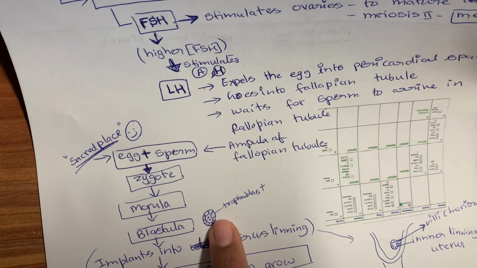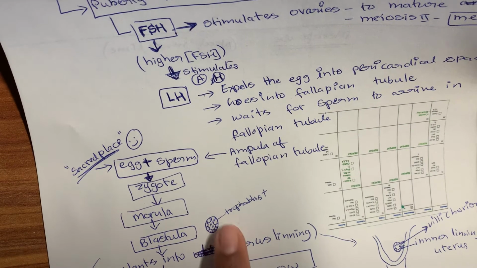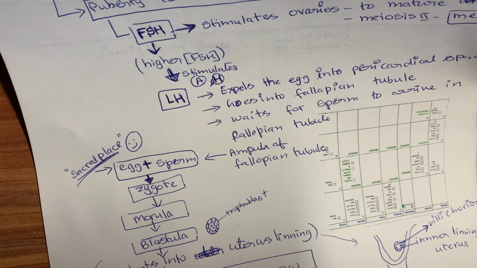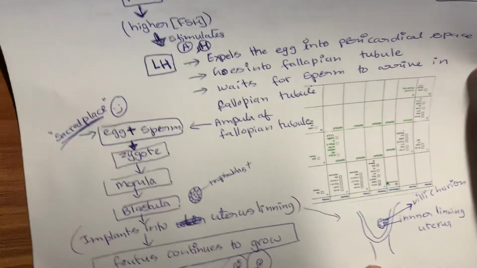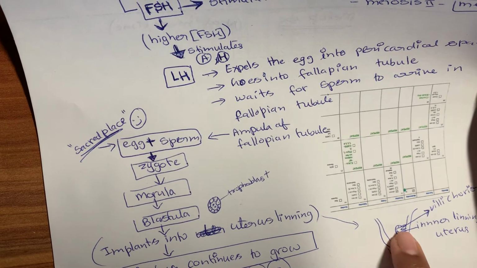The whole blastula moves further down to the uterus, and then it implants itself by developing these villi.